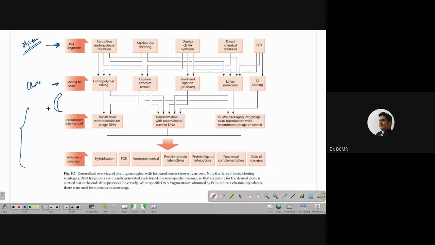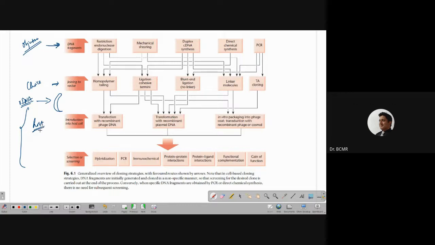And then somewhere in this place, we are actually making the rDNA, right? We will go through that again so that it's a kind of summary of what we have been learning, and it also sets the stage for genomic library and cDNA library. And here is about the host cell. What kind of host did we choose? Why did we choose that?